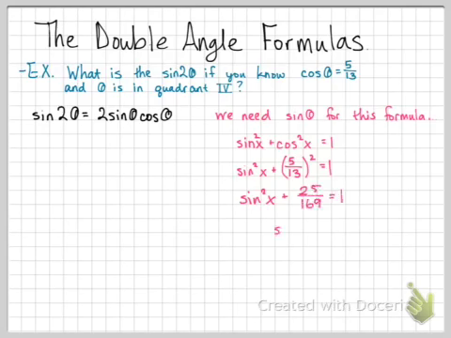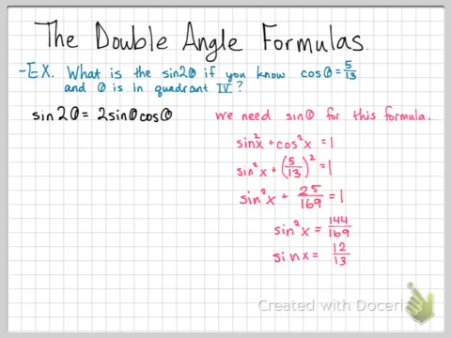After I square it, I need to get sine squared alone by subtracting 25/169 from both sides, leaving me with 144/169, and I take the square root of both sides to find out that sine of x is equal to 12/13.